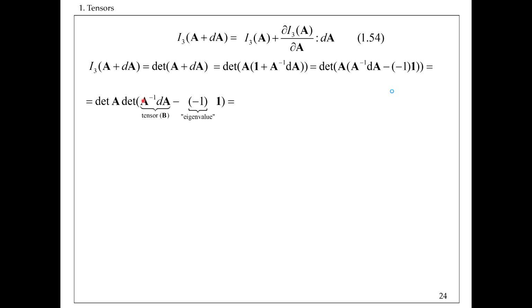Now this A inverse multiplying dA is nothing but some other second order tensor, so we can give it a name, let's say B, for the similarity to what we already had. And if you remember, for our eigenvalue problem, the structure was this: we needed to find the determinant of some second order tensor minus an unknown number, the eigenvalue, multiplied by the identity tensor.